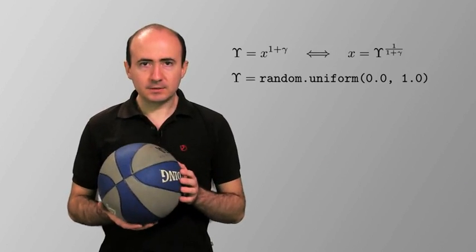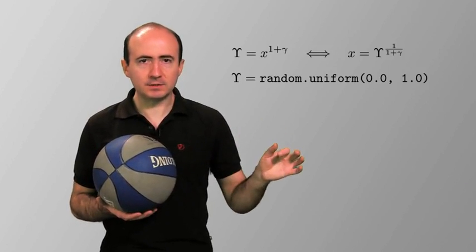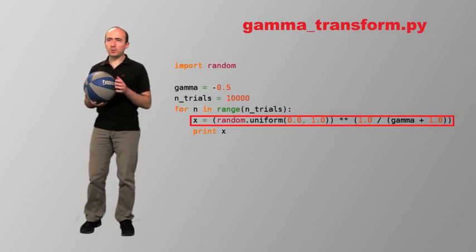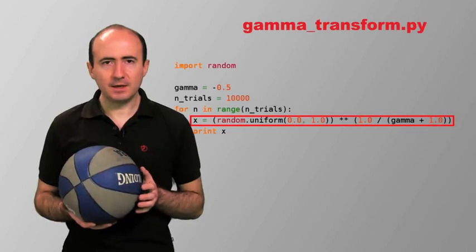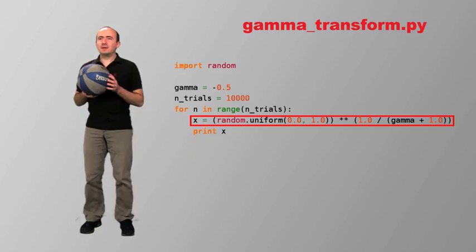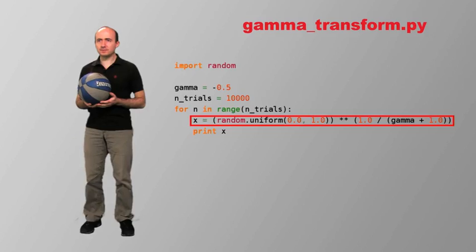So, in the end, it means that to sample pi, we simply have to take this random number and to take it to the power 1 over 1 plus gamma. Isn't this remarkably easy? It took us a bit of brain work to think about it, but in the end, the results justify our efforts. Now it is your turn to download, run and modify the programs we have presented in this section.